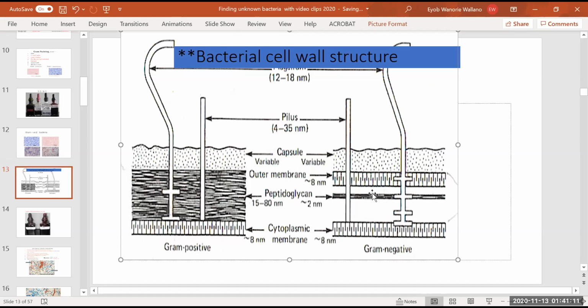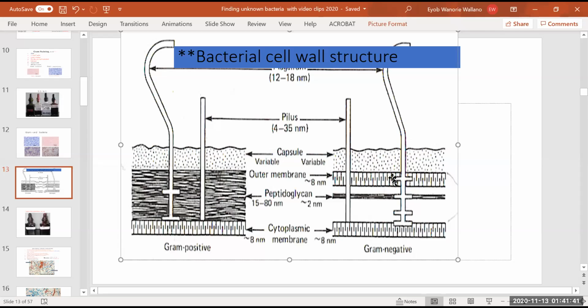Okay, now, in gram-negative bacteria, there are other things we need to know, three things generally. One, it is going to be a smaller peptidoglycan compared to gram-positive. Secondly, they have an outer membrane we call it. This outer membrane is going to contain outer membrane protein and lipopolysaccharide, two of them.